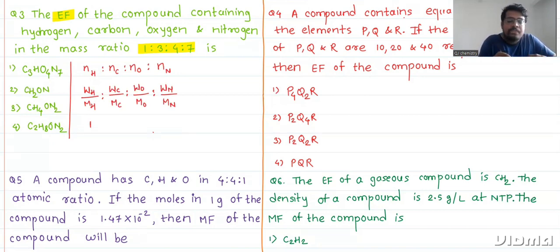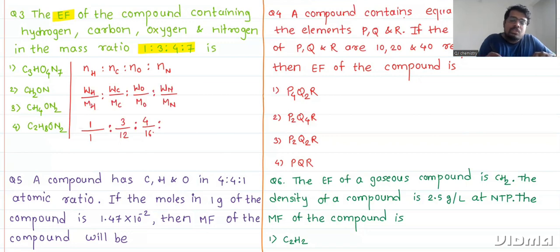So let us take 1 for hydrogen, atomic mass 1. Weight ratio for carbon is 3 and atomic mass for carbon is 12. Weight ratio for oxygen is 4, atomic mass for oxygen is 16.